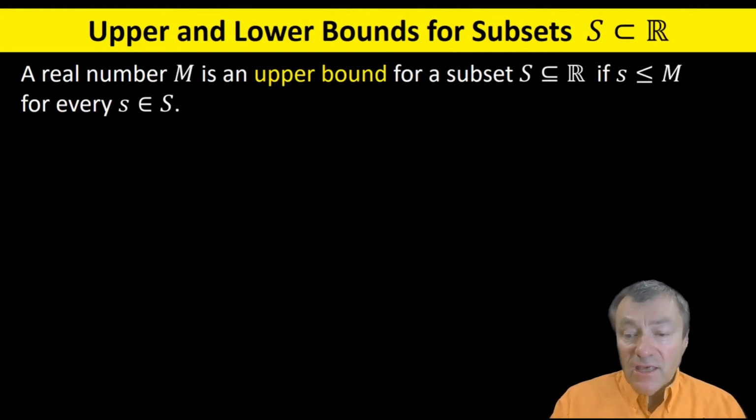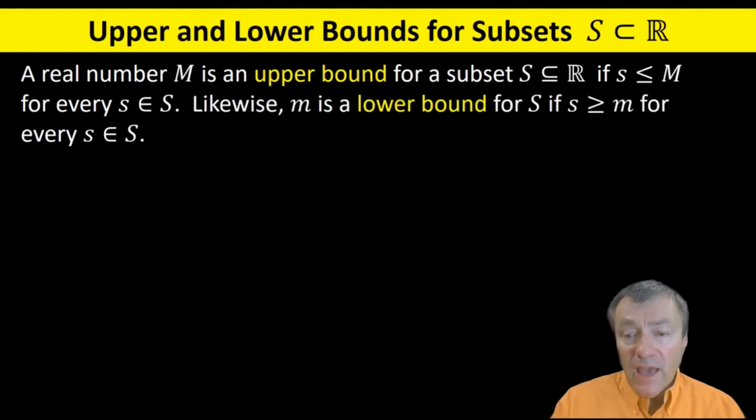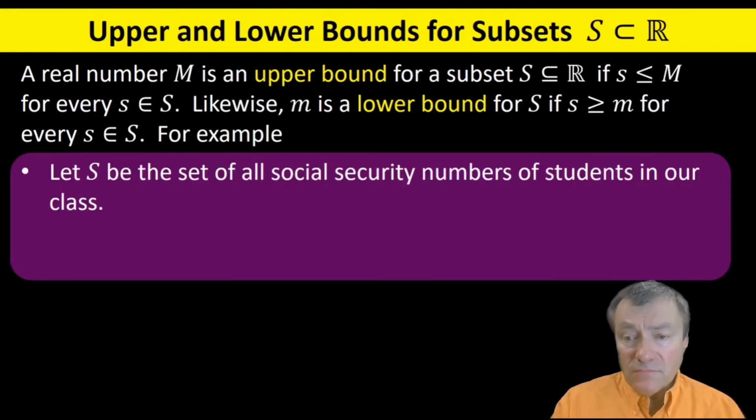So we say capital M is an upper bound for the set S if every element of S is less than or equal to M. And lowercase m is a lower bound for S if each element of that set is greater than or equal to little m.